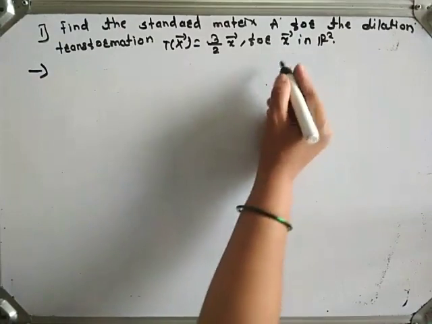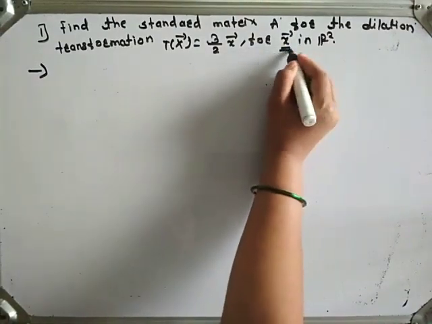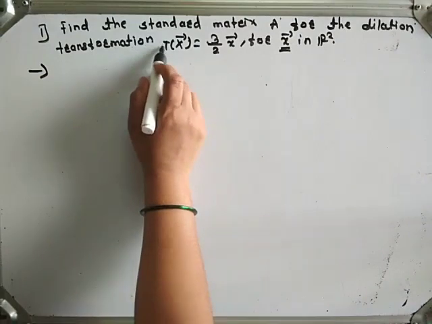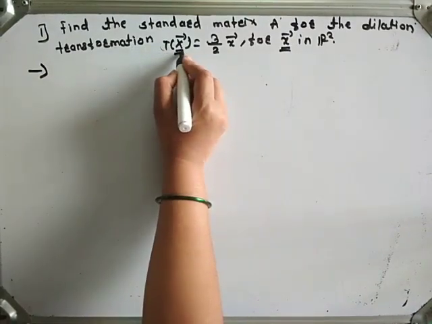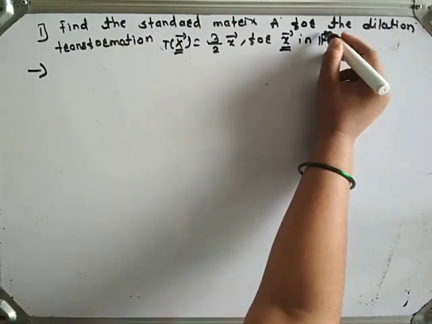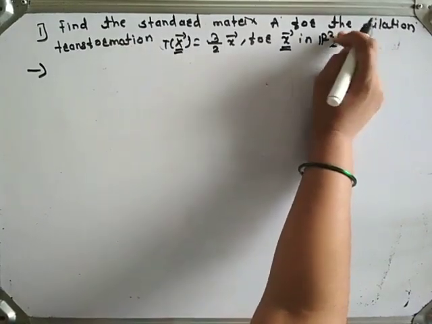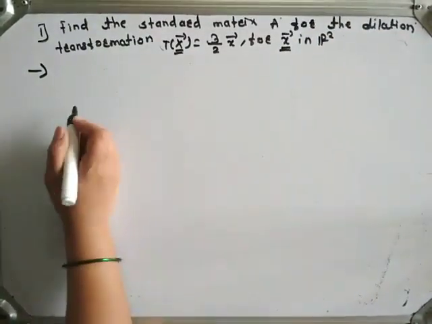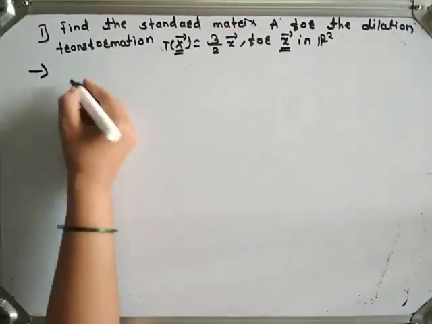Let us see the solution. See here, x bar is in R2 and your linear transformation is applied on x bar. So the domain for the linear transformation is R2 whose dimension is 2. Here we require two standard basis vectors, E1 bar and E2 bar.